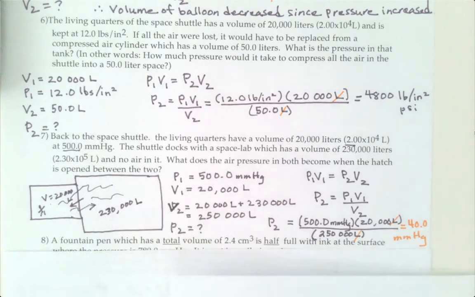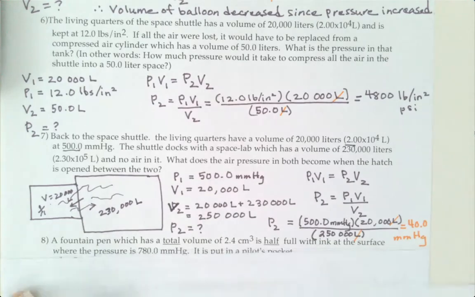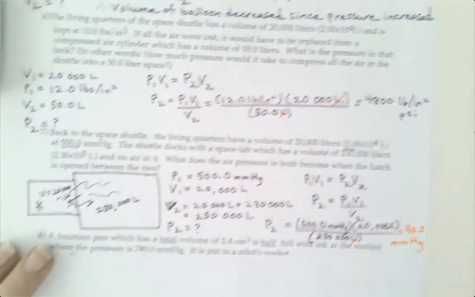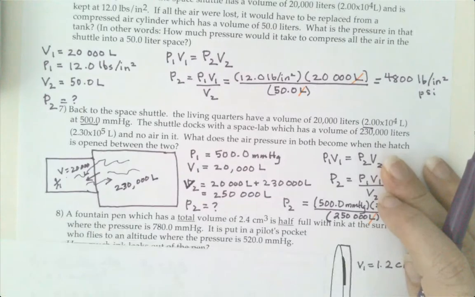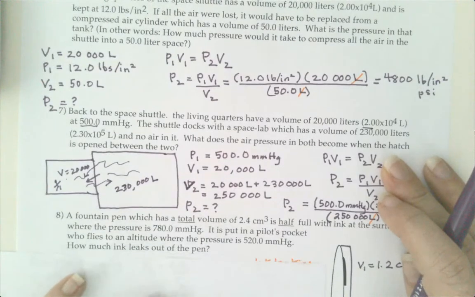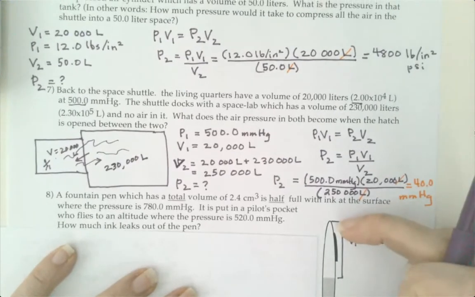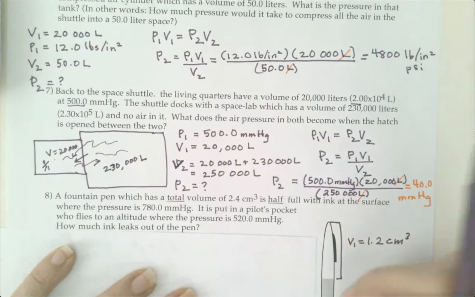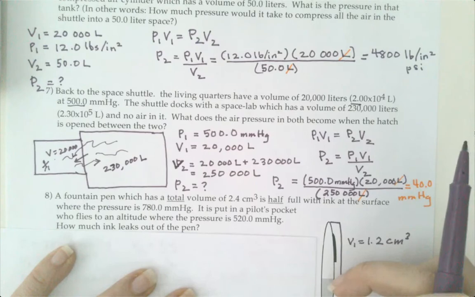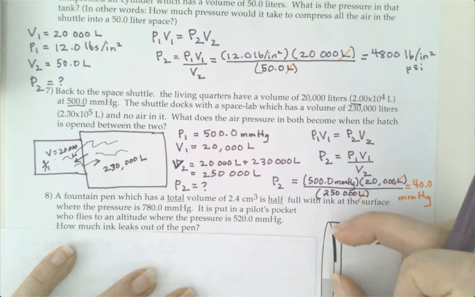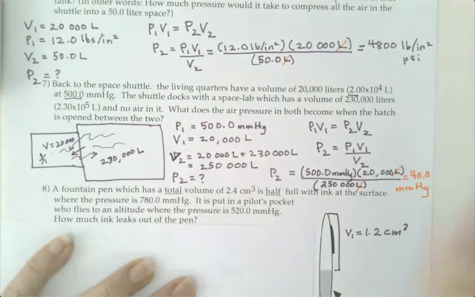The last question is one where we have a fountain pen, and it has a total volume of 2.5 centimeters cubed. So the total volume of the pen. It is half filled with ink, and that means that the other half is gas, or air.